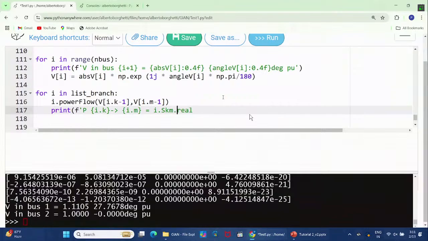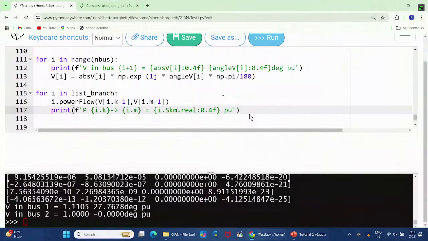And this should be in braces, and we can also limit the number of digits to 4f, because it is a floating point. And then these are in per unit.